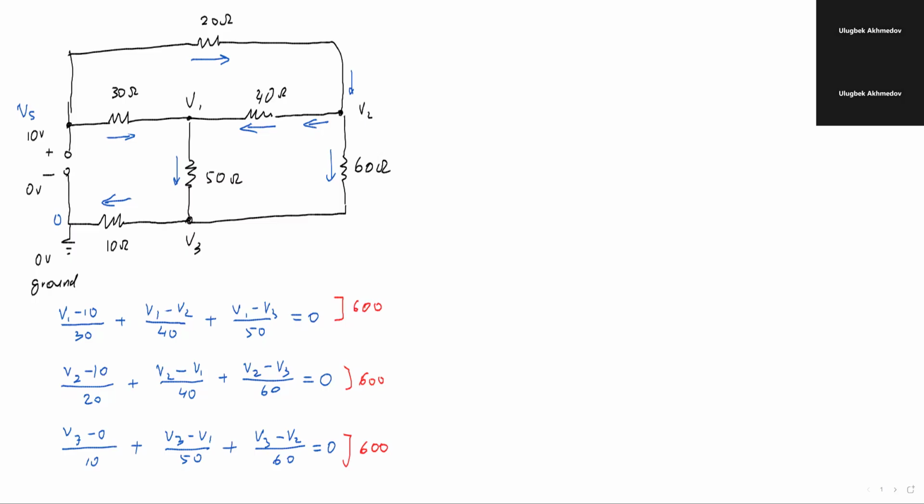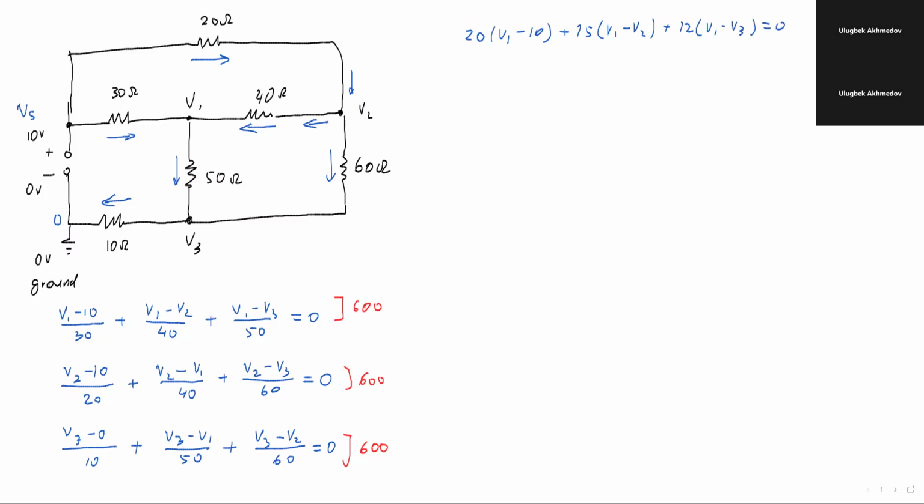All right, so the first one will end up being 20 times (V1 minus 10) plus 15 times (V1 minus V2) plus 12 times (V1 minus V3) equals 0.